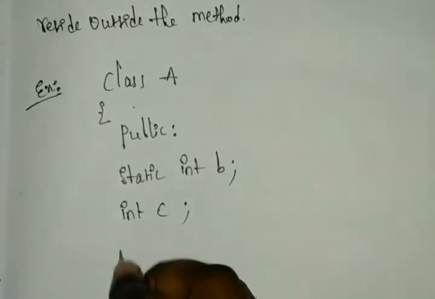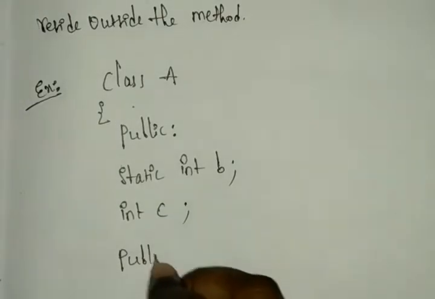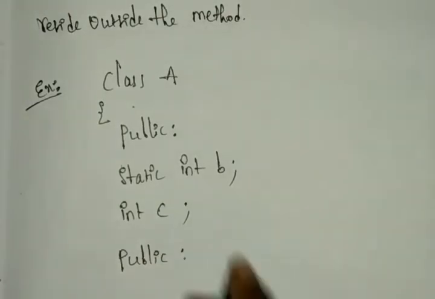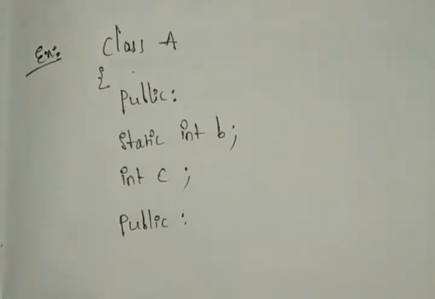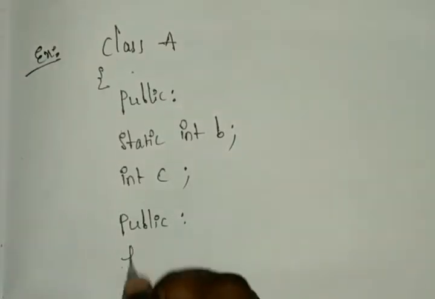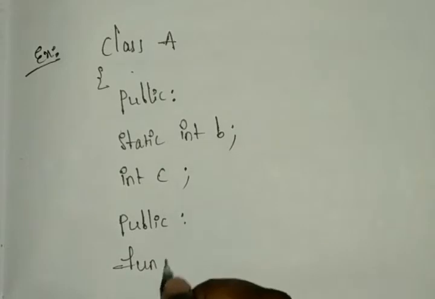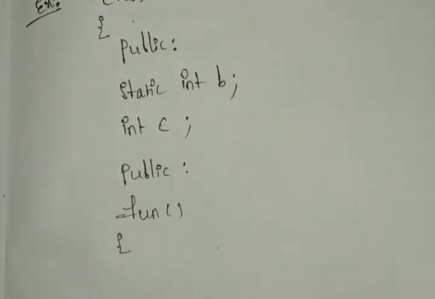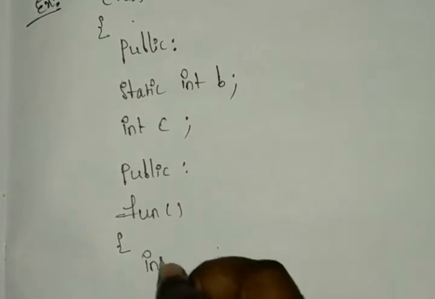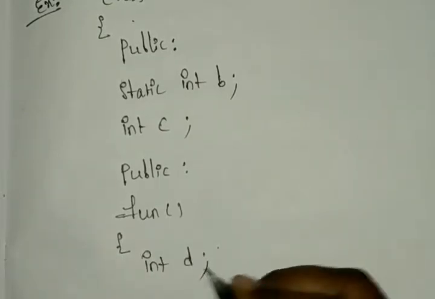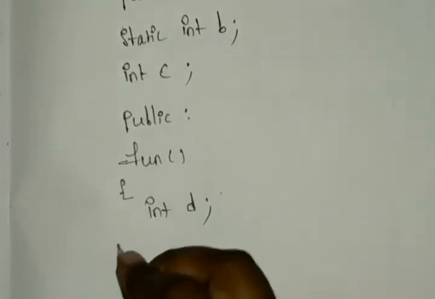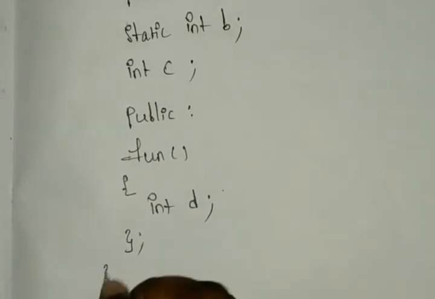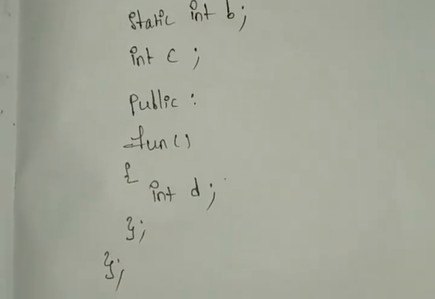And next again I am choosing public, and in this I am writing one function. In that function I am writing int d, and then close the method.